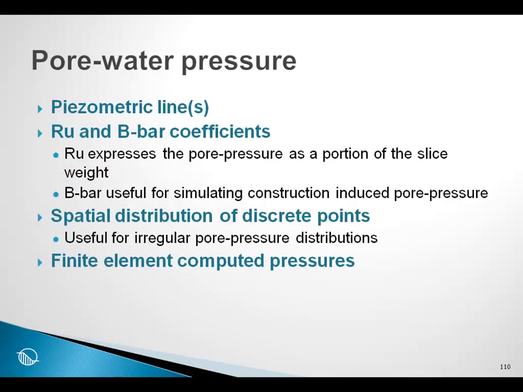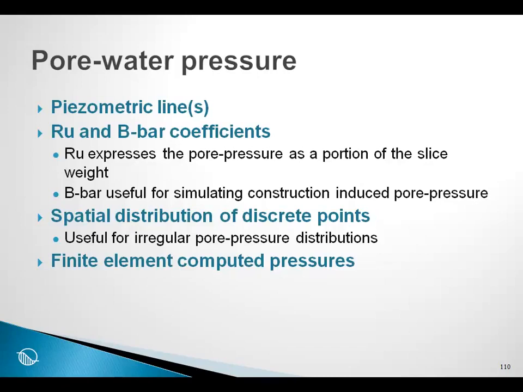As with all aspects of Slope W, there are many different ways of defining pore water pressure conditions. The most common perhaps is to define a piezometric line or piezometric lines. There are other more historic means, such as an r sub u parameter or a B-bar coefficient.